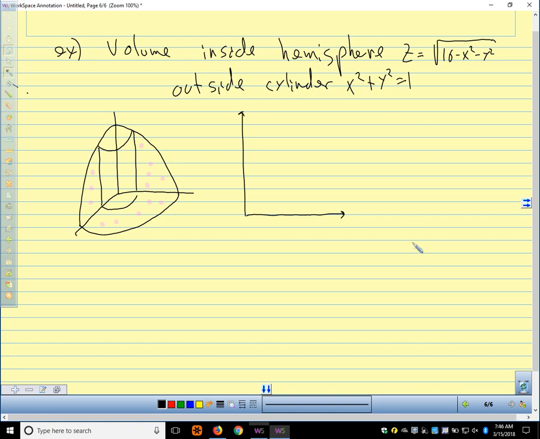In the XY plane, here's our region, in the first quadrant. Or that's a quarter of the region. Here the radius equals 1, and here the radius equals 4.